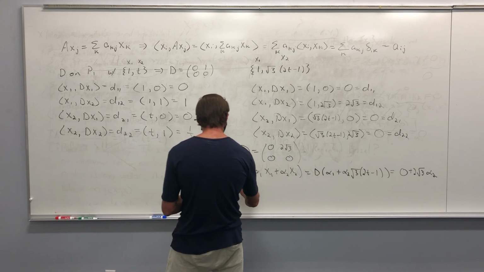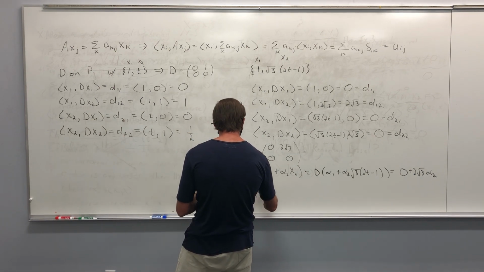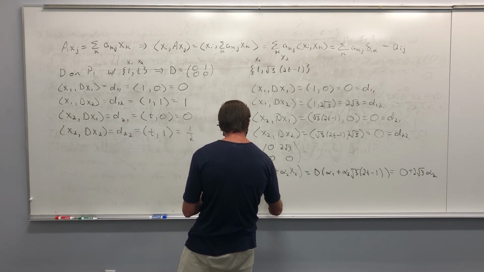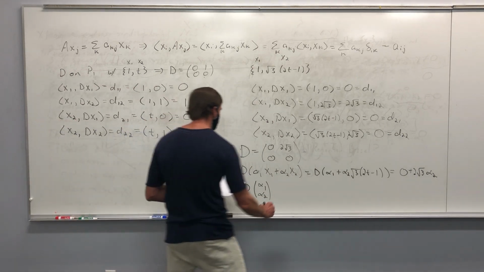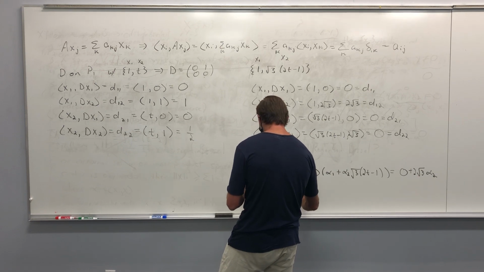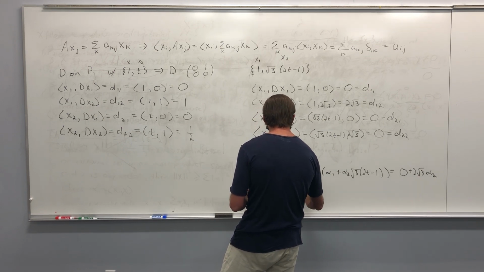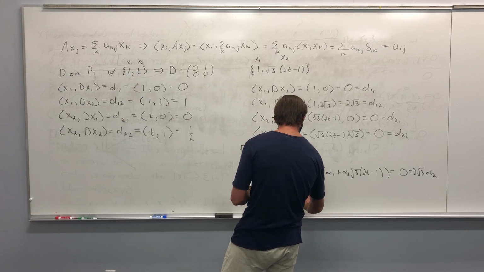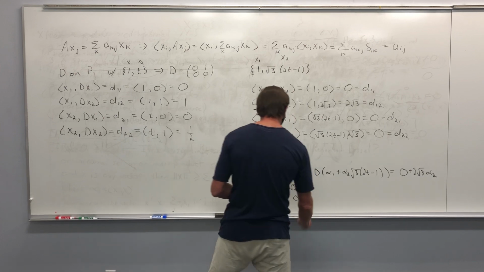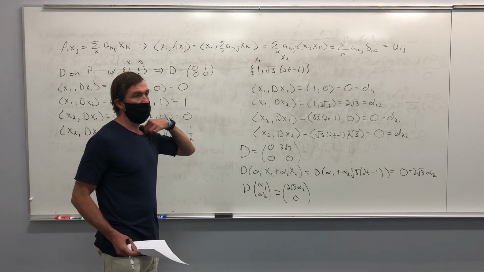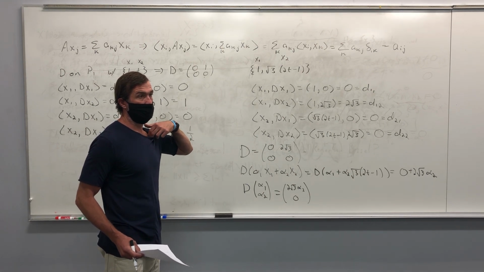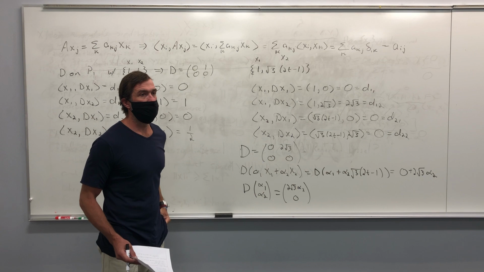As a matrix, this says that if I act on a vector with coefficients alpha 1 and alpha 2, then the derivative is just 2 root 3 alpha 2, 0. Which is exactly what this matrix does. Everybody follow?